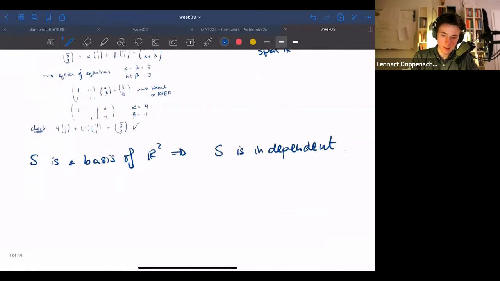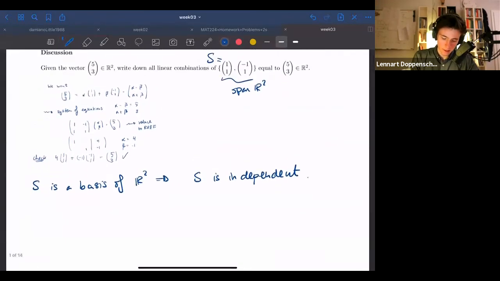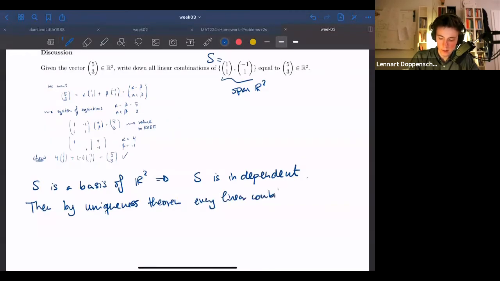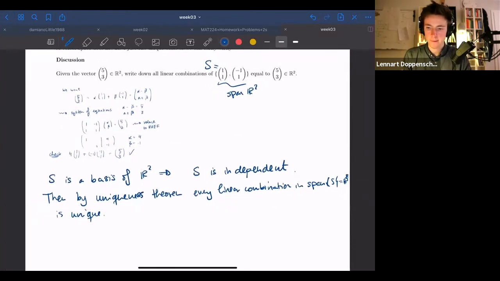And then by the uniqueness theorem, every linear combination in span S, which is equal to R2 in our case, is unique. So there can't be any other combination that's equal to this combination.